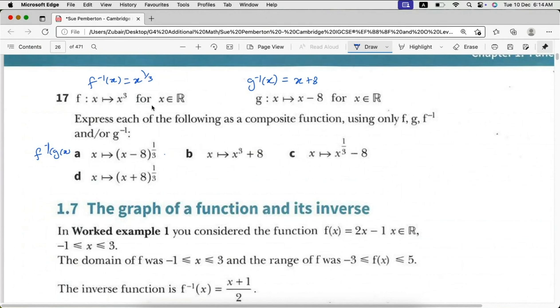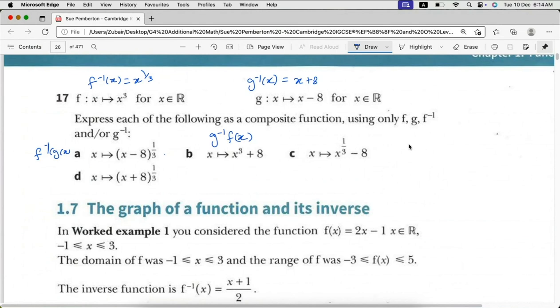We have all four now: f of x, g of x, g inverse, f inverse, right? Now see what b would be. So then it would be g inverse f of x. Correct. C part, so that would be g inverse.